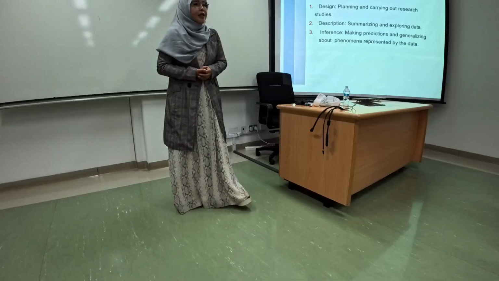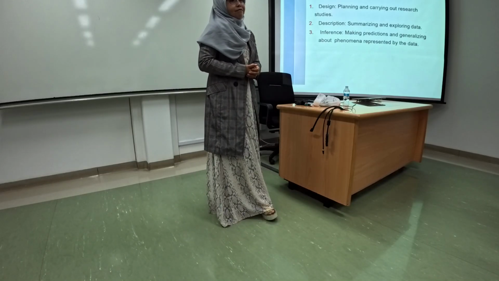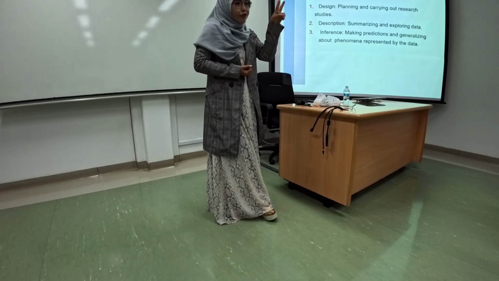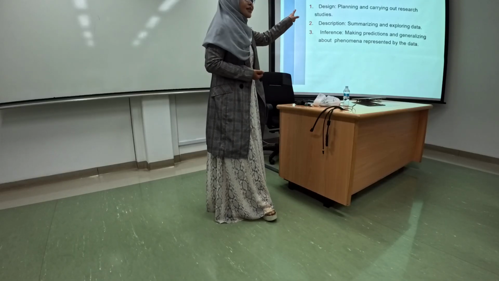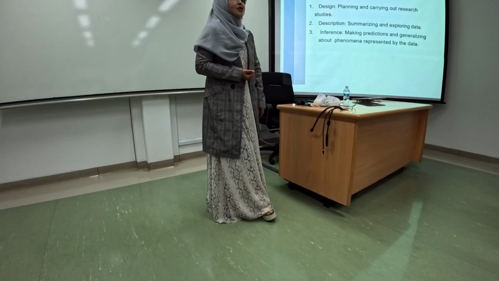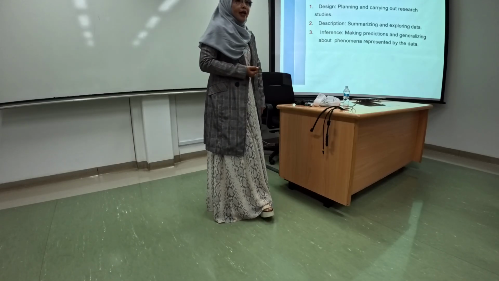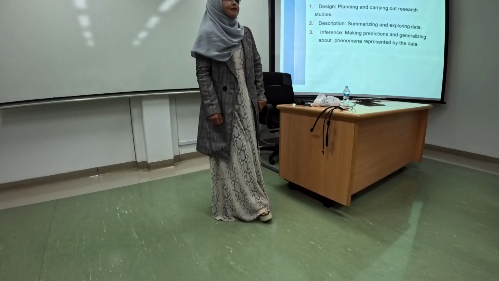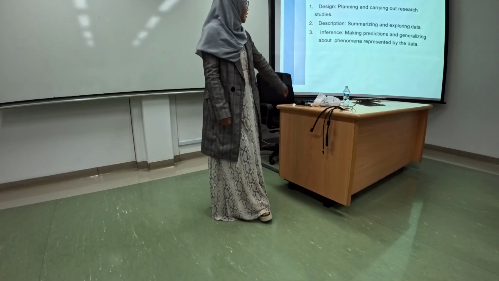So description means we have descriptive statistics. We have two types of statistics. One of which is descriptive statistics, because describing, summarizing and exploring data is one part of science also. If you know how to summarize it and how to explore data, you can go to the next statistics. We call it inferential statistics.